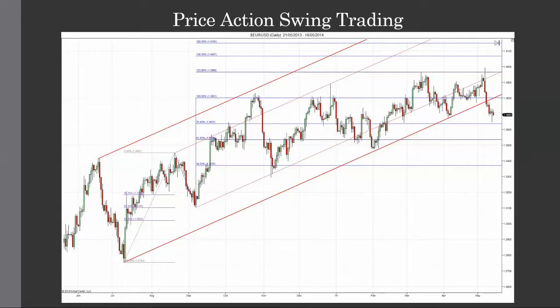Okay, now here we have the channel that I mentioned before. Now this is one of my favorite methods for defining a trend. It's simply parallel lines that are drawn between significant points within the trend. And what we're aiming to do is find a gradient for the line.